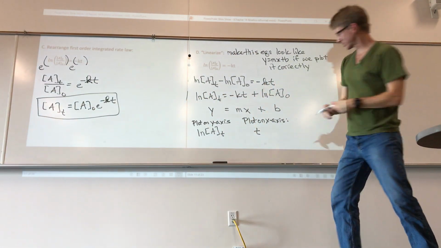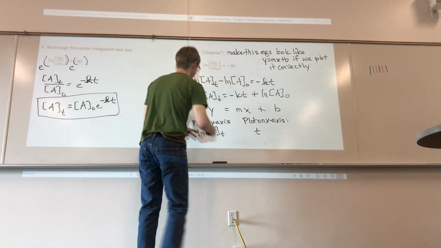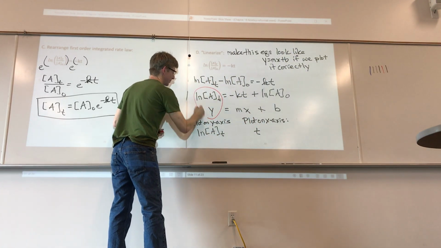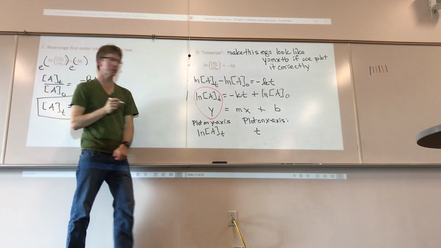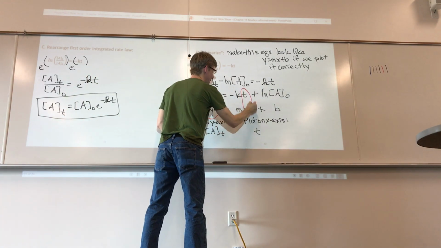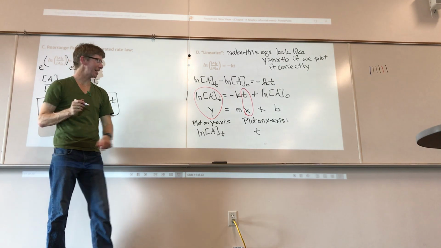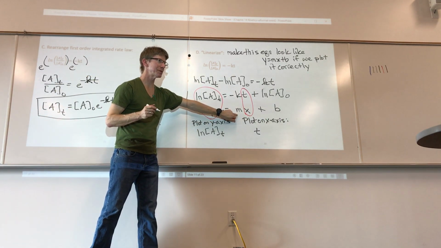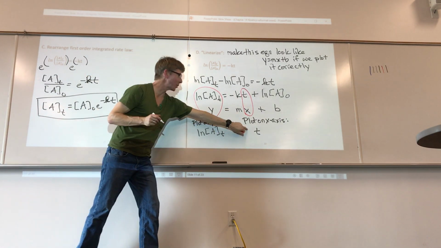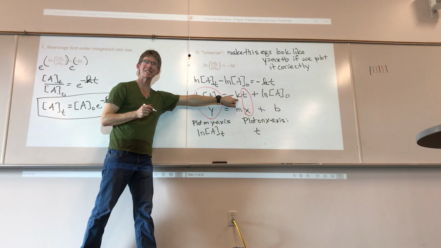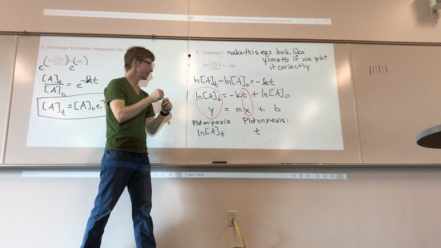Just to keep track of what's going on here, we've got our y part of the equation, we've got our x part of the equation, and now we can fill in what's left. M, the slope, if it's plotted in this way, is the negative of the rate constant.